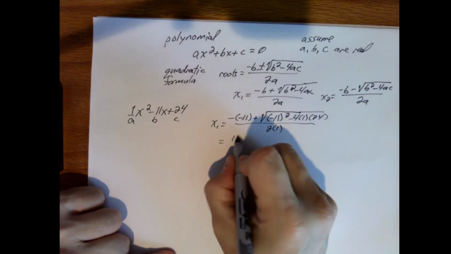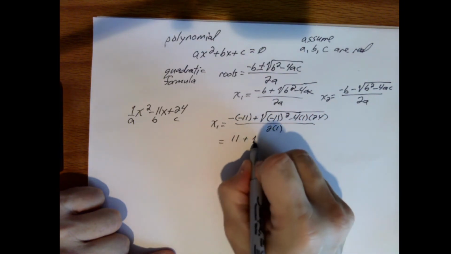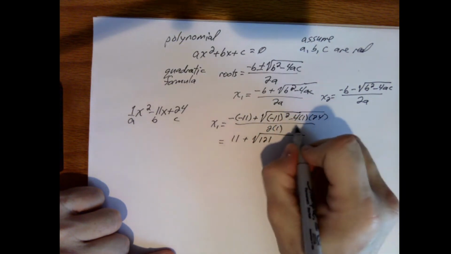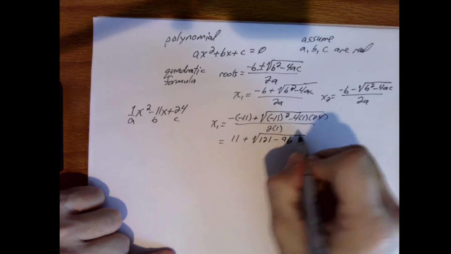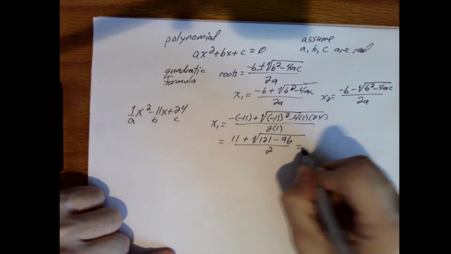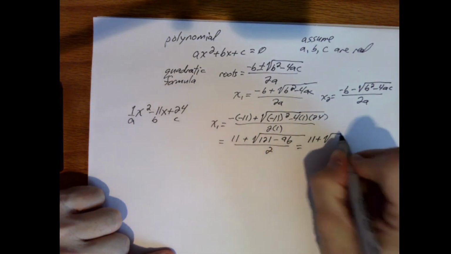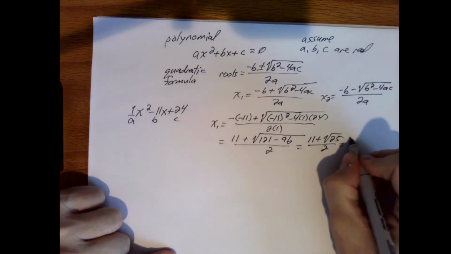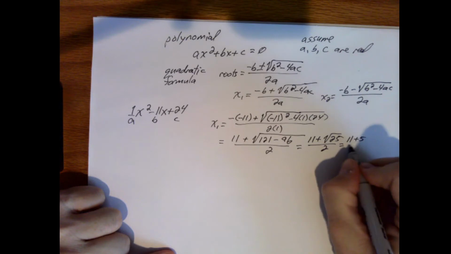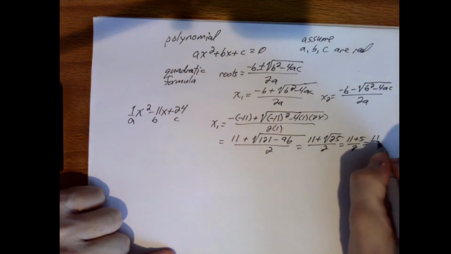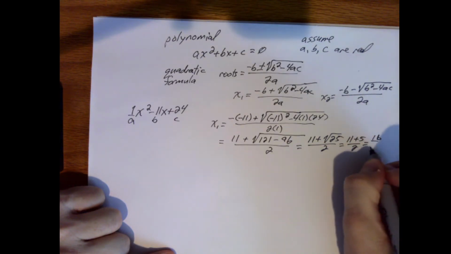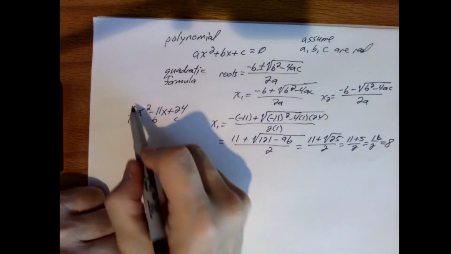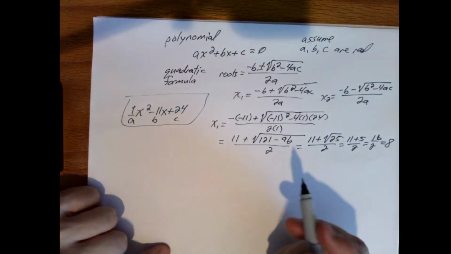which is equal to 11 plus square root of this would be 121 minus 96 over 2, which is 11 plus square root of 25 over 2, which is equal to 11 plus 5 over 2, 16 over 2 equals 8, which is one of the roots of this equation right here.